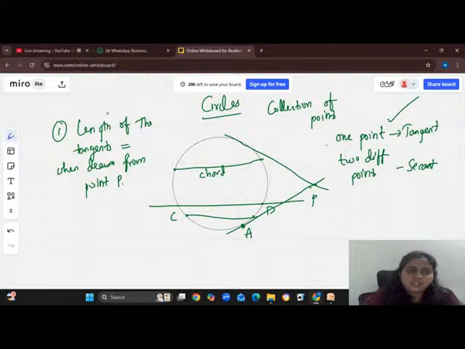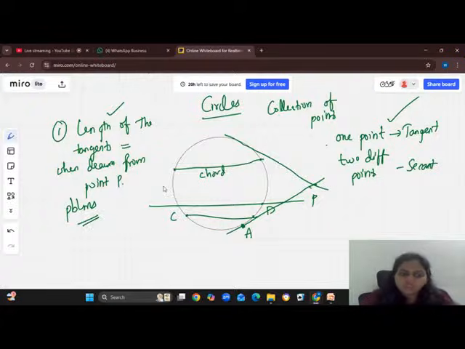This is the first important theorem, and based on it we have so many problems. So read the theorem and also try to solve the problems, and some basic questions they might ask you in this circles theorem.